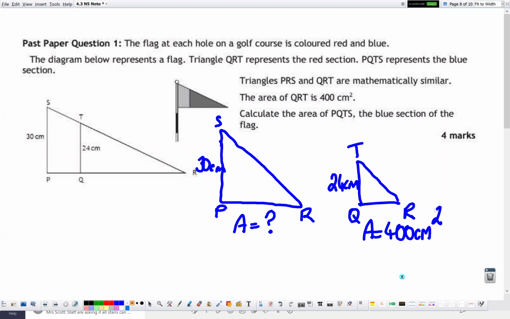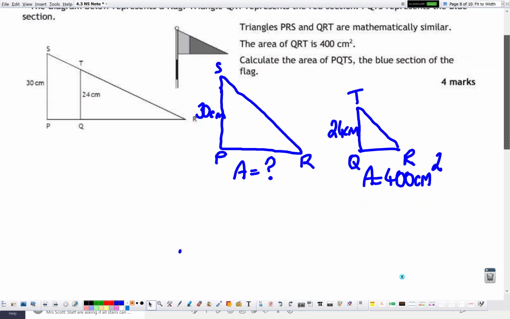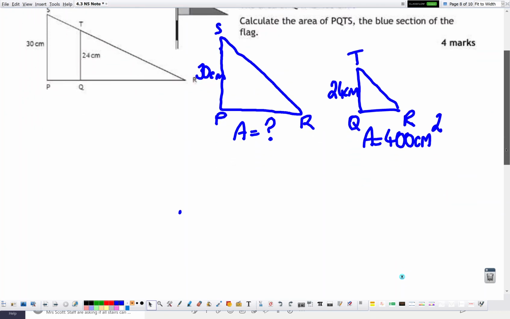The first stage of this is no different to our area similarity questions. We've got two similar triangles, we know the corresponding lengths, we know the old area, what's the new area. The only difference is an extra wee bit at the end to get to the final answer. Once you have your two triangles drawn, we go through our process.